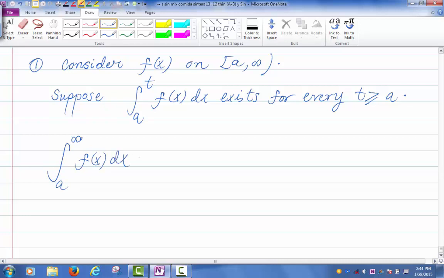What should be the definition of that integral? Can you guess? It should be in terms of the integral from a to t of f of x dx. What can you guess should be the definition of this infinite integral?